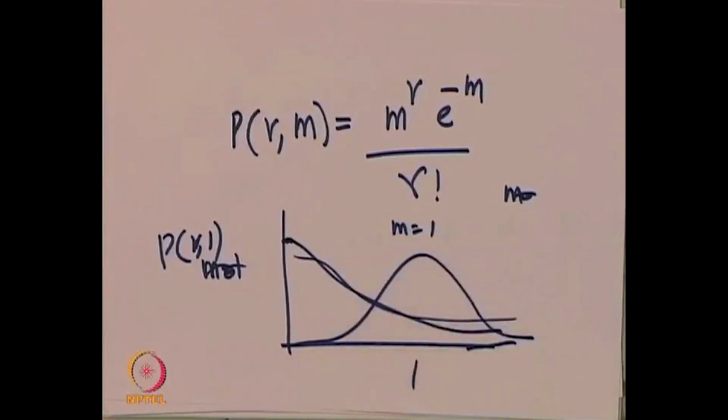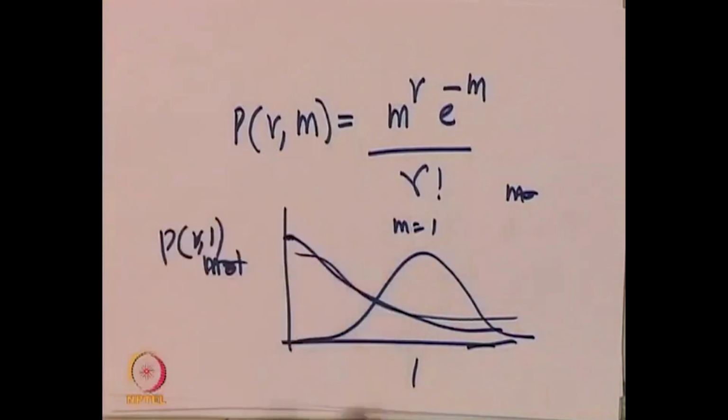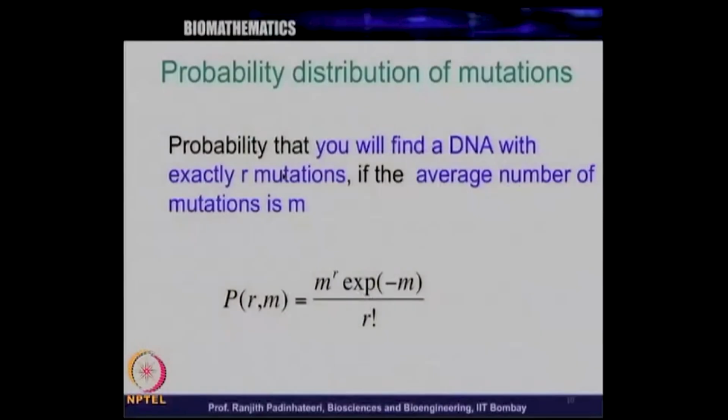Do plot P(r, m) for different values of m and get a feeling how this will look. Okay. So, this is the answer for the probability of mutations.